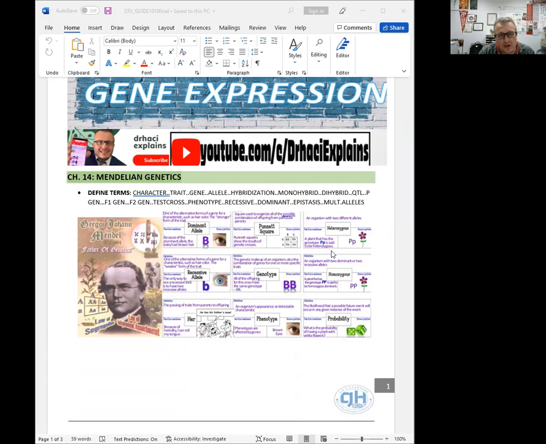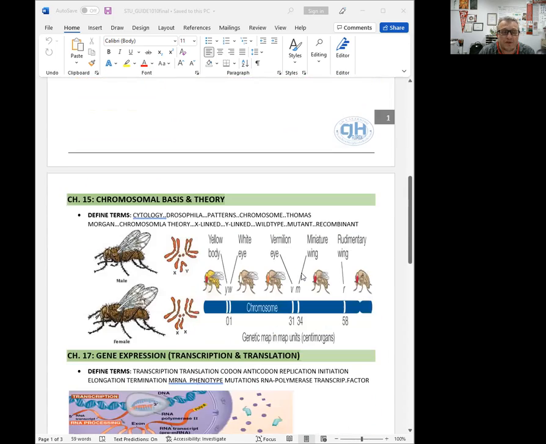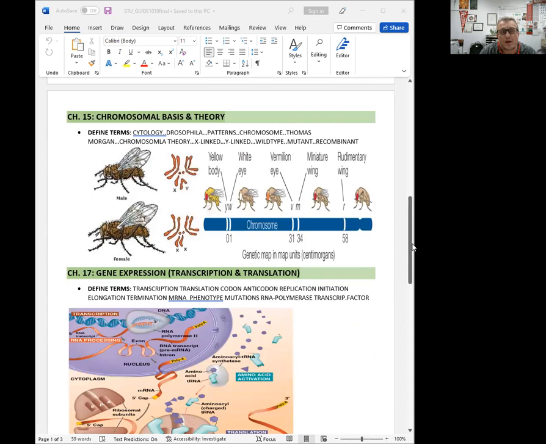Make sure that you can do a Punnett square to find whether it is a 3-to-1 ratio, a 9-3-3-1 ratio, a 1-to-1 ratio, a 1-to-2-to-1 ratio, or what type of ratio exists, and to solve the genetic problems. Since the next two chapters are also genetics related and all linked to Mendelian genetics, let's move to the next chapter, which is the chromosomal basis of inheritance and chromosomal theory.